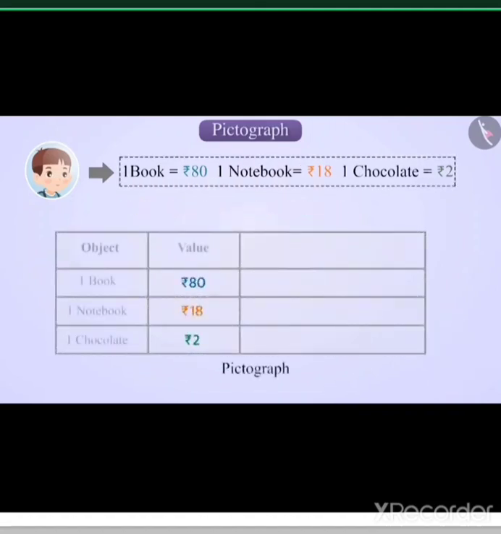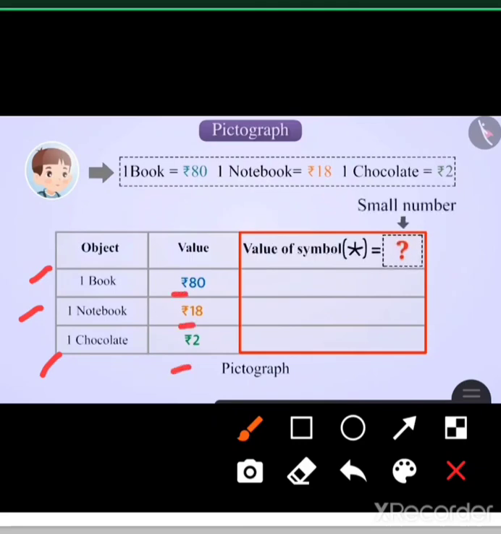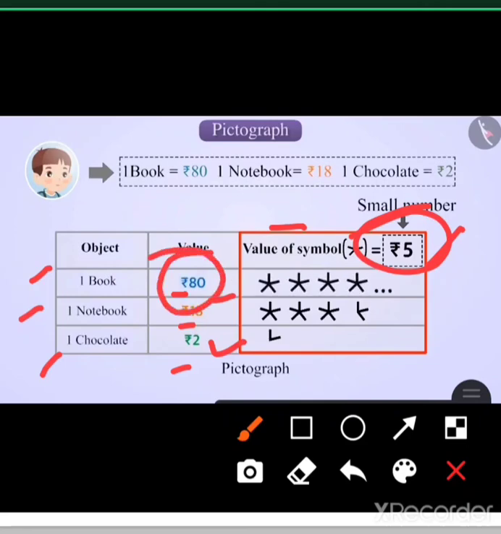Draw a pictograph taking the objects one book, one notebook, one chocolate and their values. One book costs rupees 80, one notebook 18 and chocolate rupees 2. Now what is the value of the symbol or scale we are using here? If we take rupees 5, then it is easy to make symbols for the notebook and chocolate, but it is not possible for rupees 80 because the symbols are too lengthy.